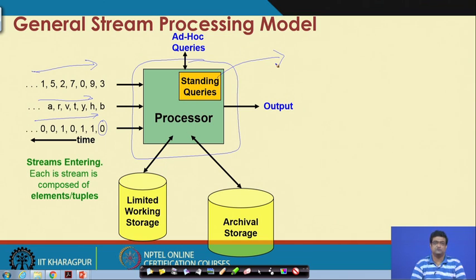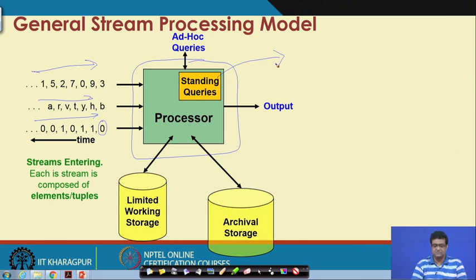For example, the queries are arriving at Google, and every 5 or 10 minutes you have to report what was the most asked query in the last 5 minutes, or what was the most accessed website in the last 5 minutes. These are called standing queries.